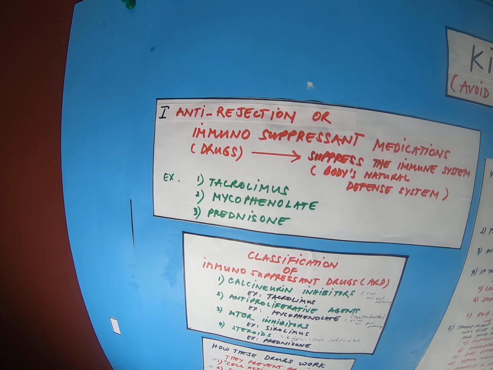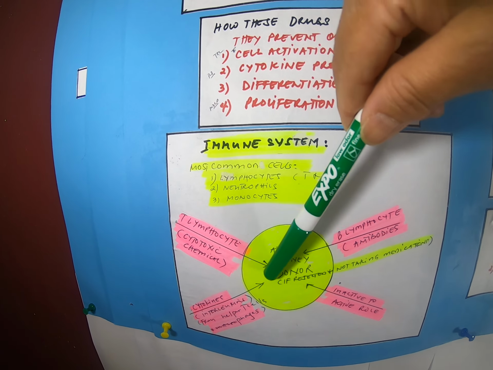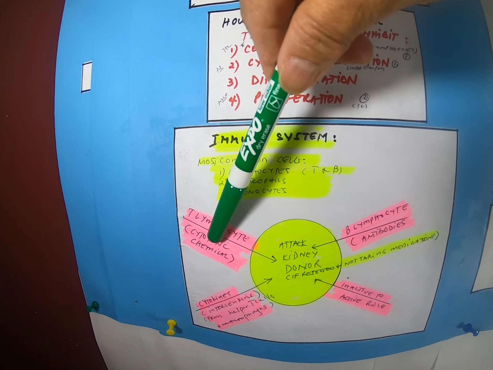So, immune system. We have an immune system that will protect our body from any invading organism or any toxin from any organism. The most common cells here are the lymphocytes, the T lymphocytes and the B lymphocytes, the neutrophils and the monocytes. These cells are on guard. Let's say the immune system sees something different inside the body, a foreign cell or an intruder.